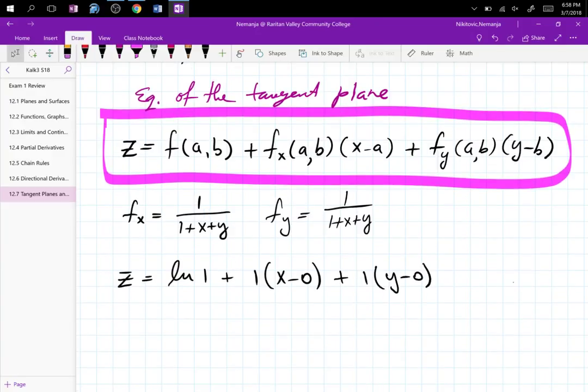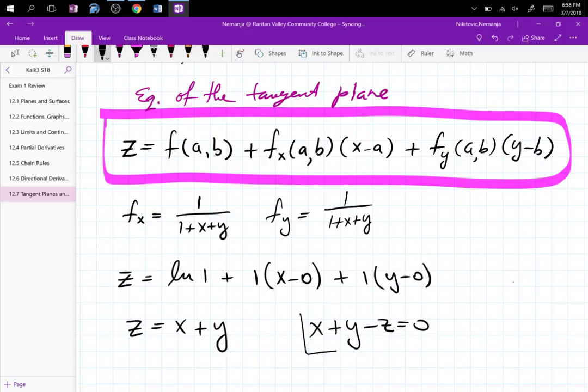So what do I get? ln of 1 is 0, so I have z equals x plus y. What is the equation of the tangent plane? It's x plus y minus z equals 0. And that's the equation of the tangent plane, TP. Now that's the tangent plane at 0, 0.